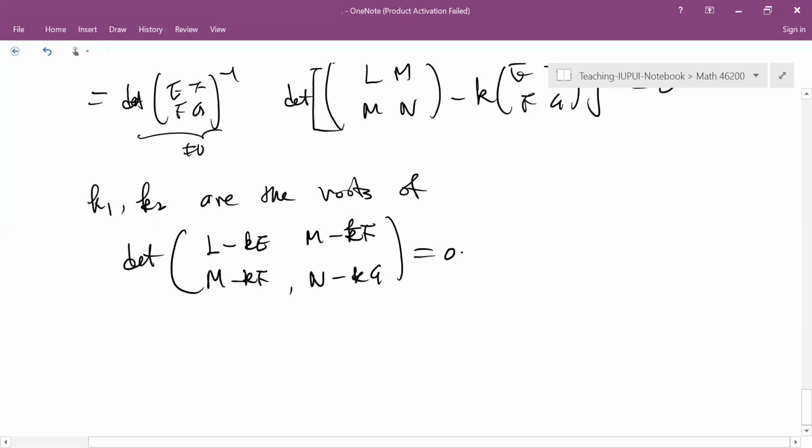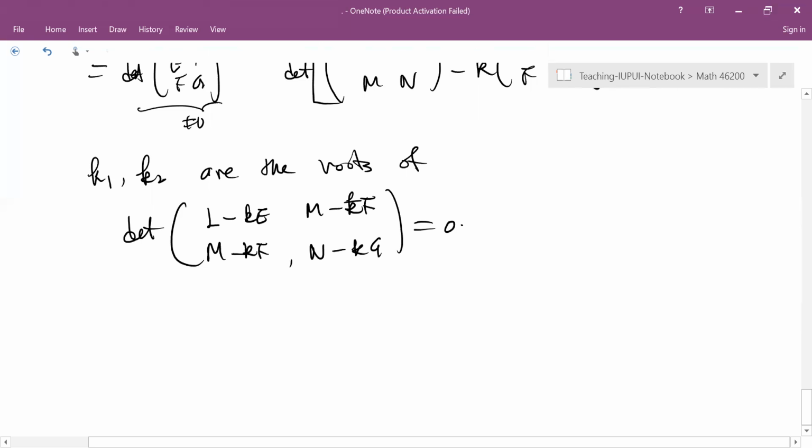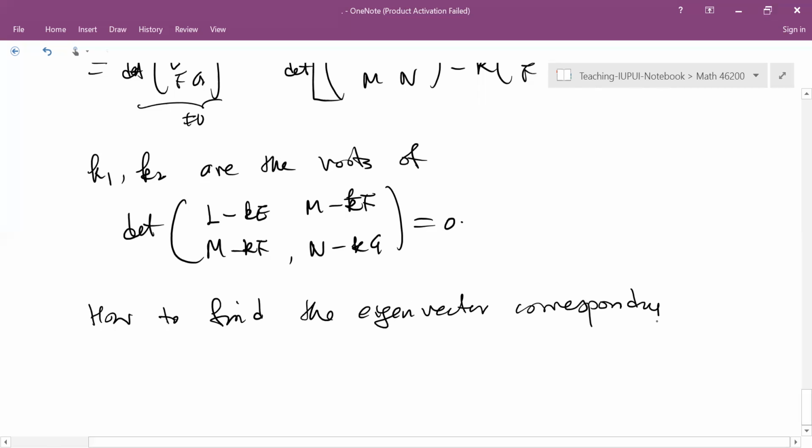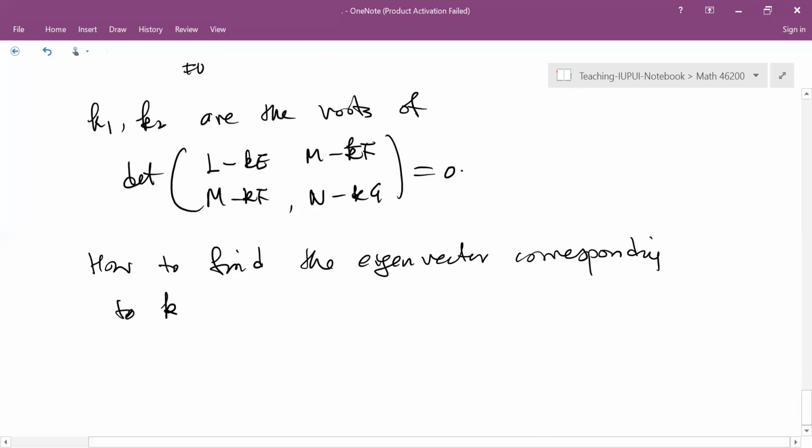Now, if you want to find the eigenvectors, how do you find the eigenvectors using E, F, G? The eigenvectors corresponding to the eigenvalues K1, K2, that is Ki, where i starts from 1, 2.